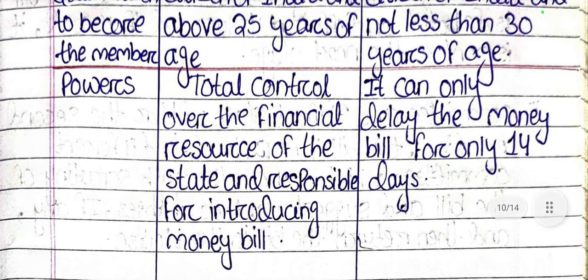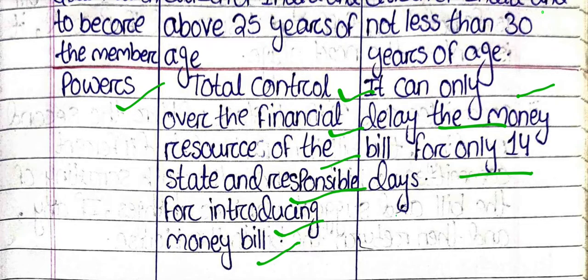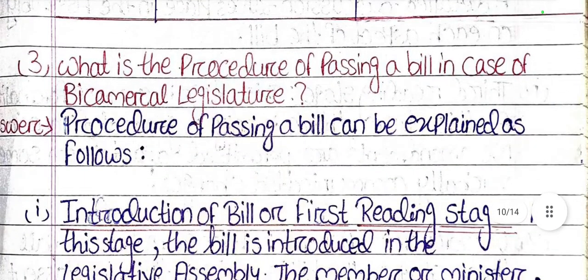Then total control over the power. The assembly has total control over the financial resources of the state and is responsible for introducing money bill. The council can only delay the money bill for only 14 days.